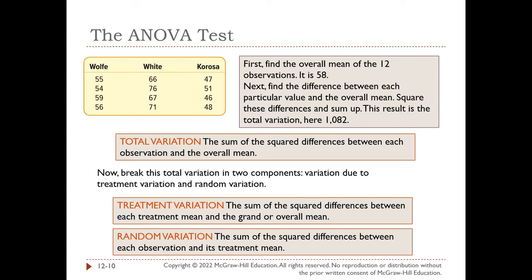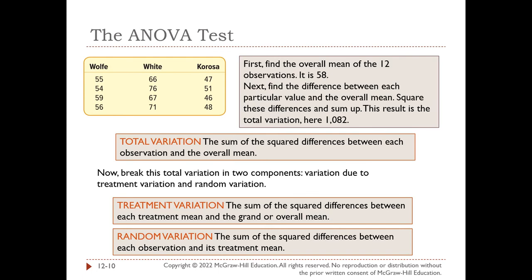Square these differences and sum them up. The result is the total variation here, 1,082. Again, the total variation is the sum of the squared differences between each observation and the overall mean.